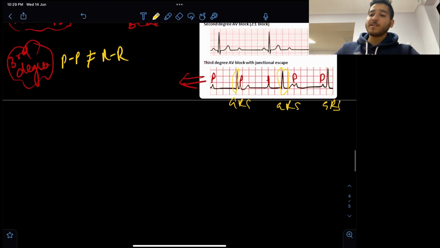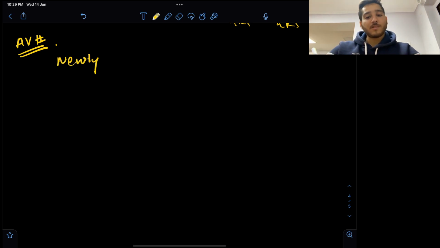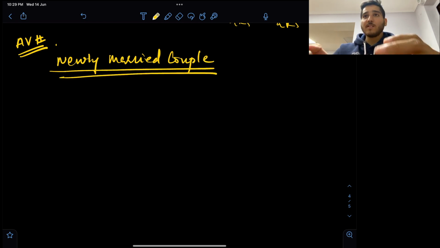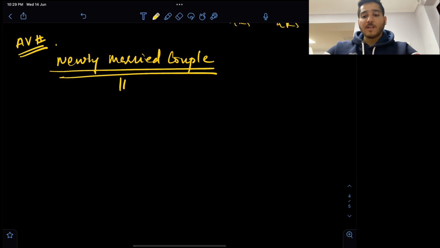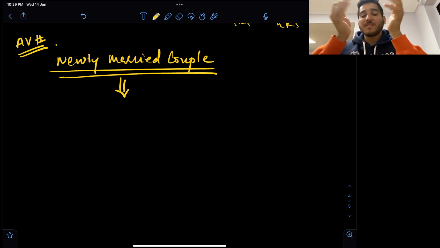So there's a very funny way to remember these things for AV blocks. Let's say there's a newly married couple. After some time, the distance between them starts increasing.